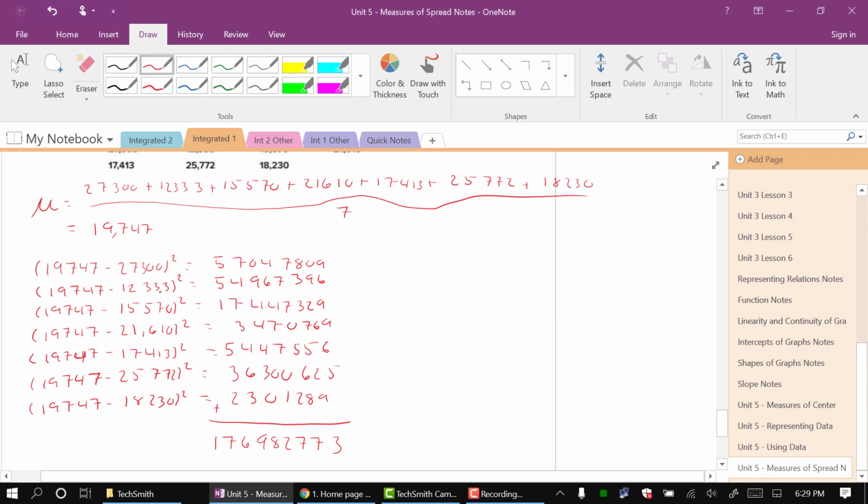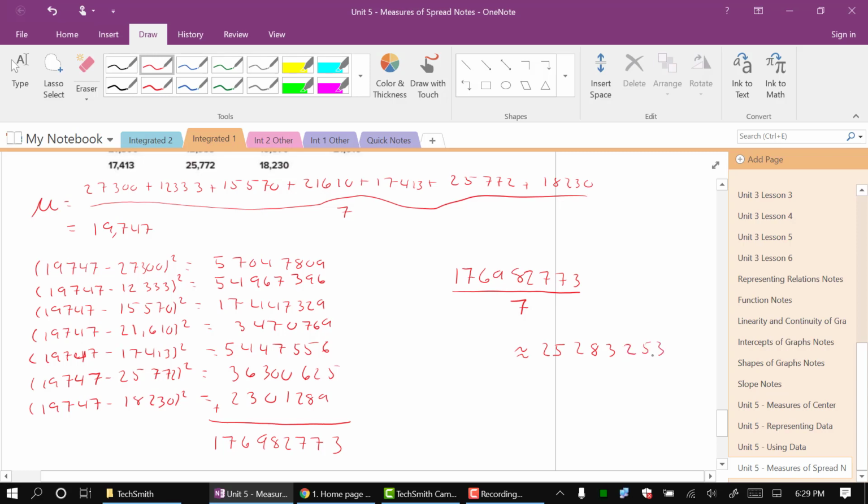So now that I've summed it, I'm going to divide it by the number I have. And I have 1, 2, 3, 4, 5, 6, 7 different numbers in my set. So we're going to take 176,982,773 and divide that by 7. And when I do, that gives me about 25,283,253.